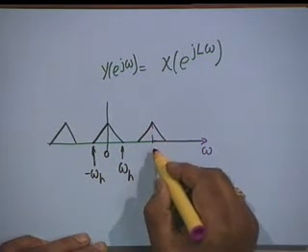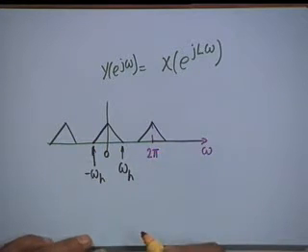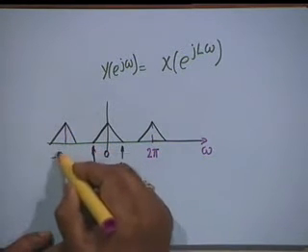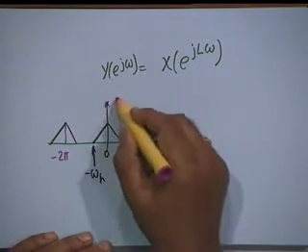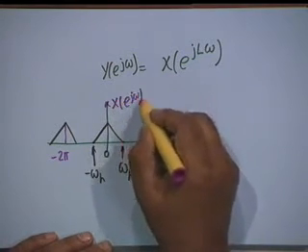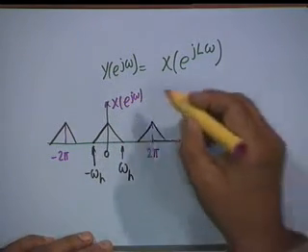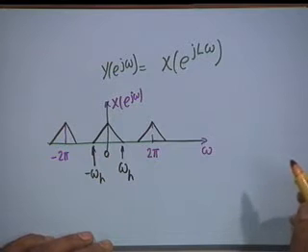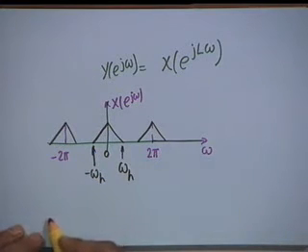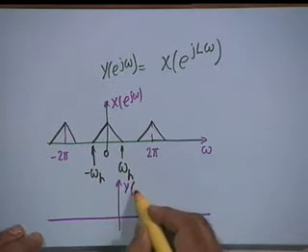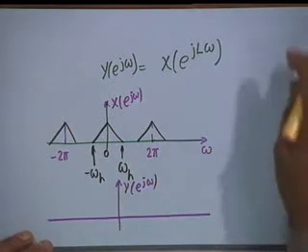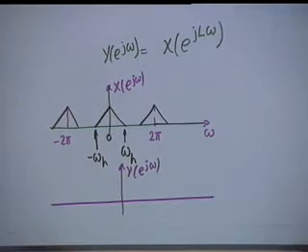Pardon me? 2 pi, agreed. And this would be minus 2 pi, repetition after every 2 pi. Now, if this is capital X of e to the j omega, if I take the spectrum of Y of e to the j omega, how does it change? Let us look at that.